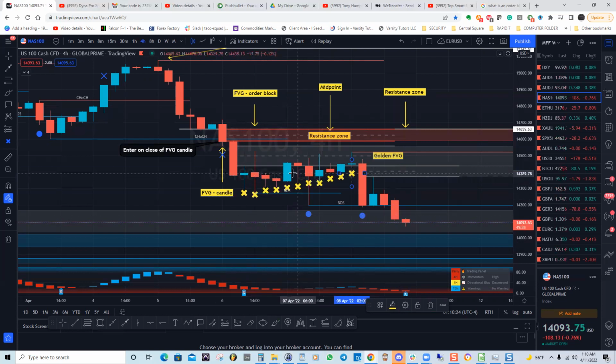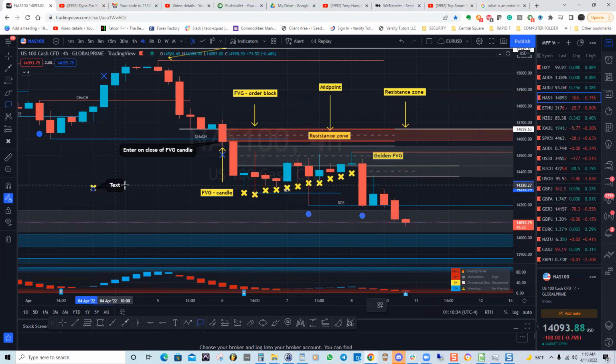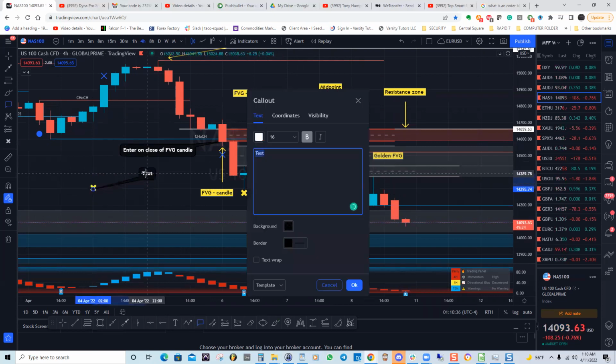So this here, the X stands for, you look at the X, right? What's X stand for? That's the candles that retested the golden FVG.